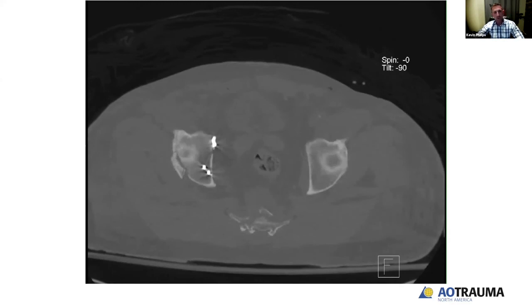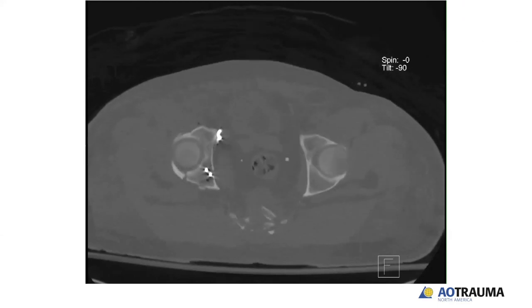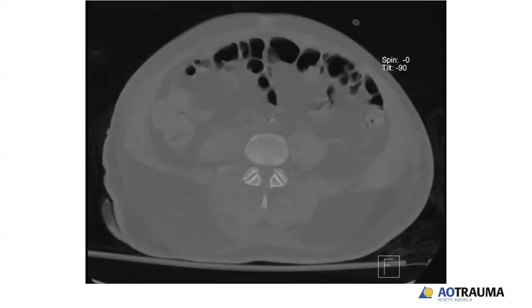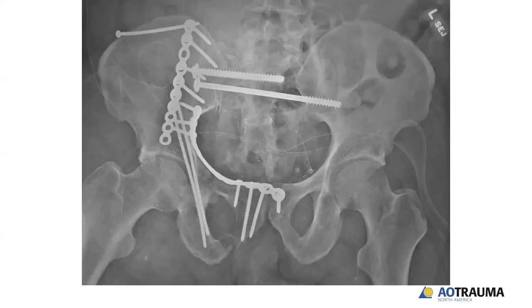Would anybody else have gone back and done another approach and fixed it? Anybody want to chime in on that one? Probably. We see the AP as a post-op AP. I think the challenge now is fitting it in.